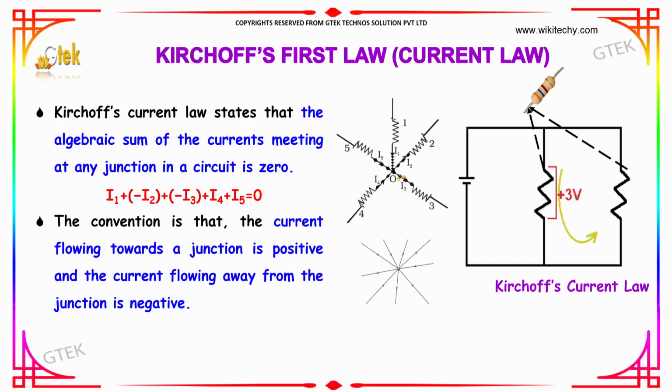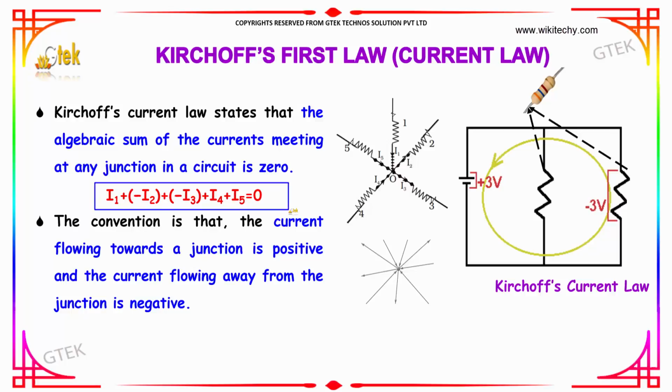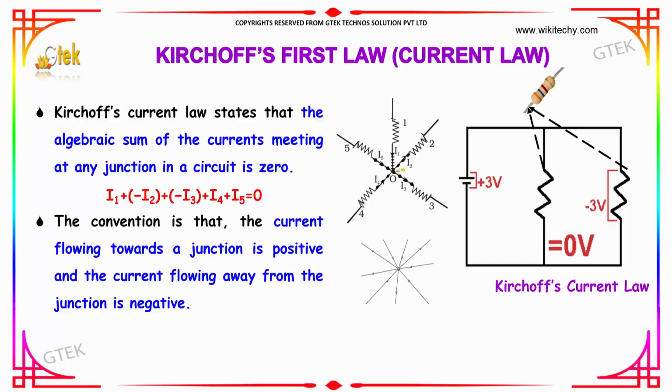I3 is going out, it's minus I3. I4 is going towards, so plus I4, and I5 is going towards, it's plus I5. So the sum of all the current at a particular junction O is considered as 0.